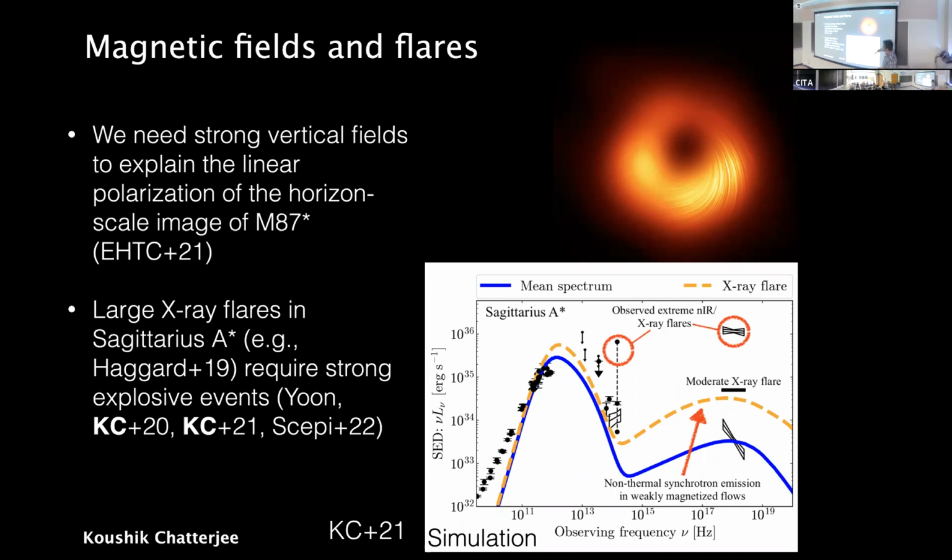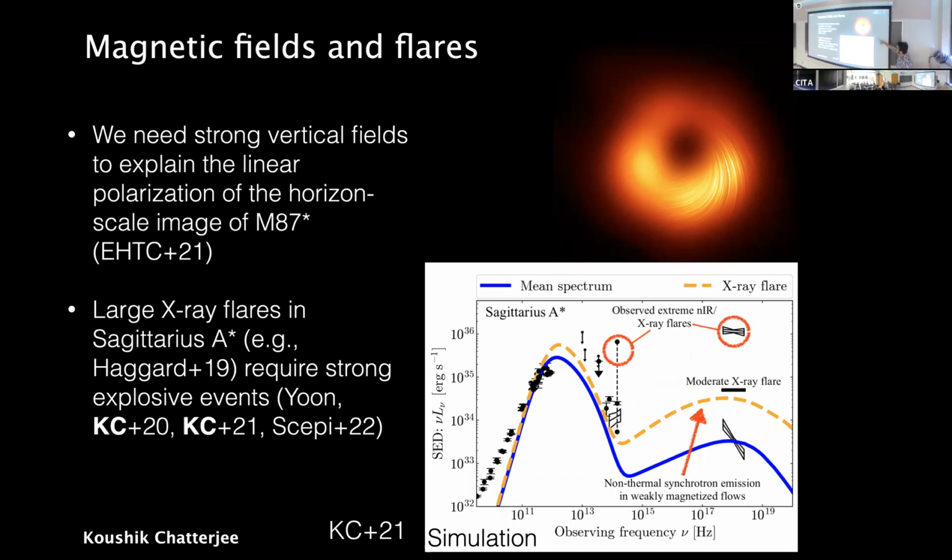And the conclusion was that you will really need strong explosive events to explain the larger X-ray flares which happen. So this was the Dodds-Eden et al. one, and this is the Haggard 19. But in general, you could explain moderate X-ray flares, the average X-ray flare, just from disk turbulence, like just the non-thermal activity that you expect from this turbulence.